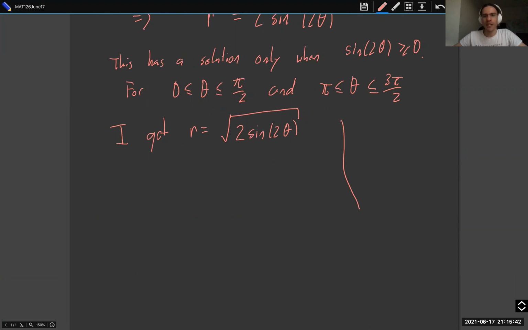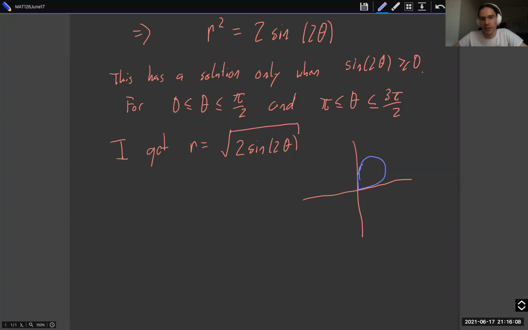It's related to the plot that we had before, but a bit fatter on those ranges. It's going to have outermost thickness of root 2, and it's only going to make sense for these lobes plus additions of 2 pi because of this square root condition.